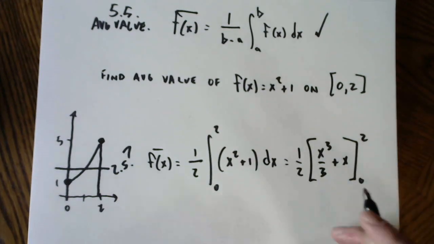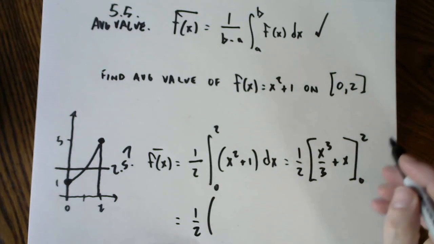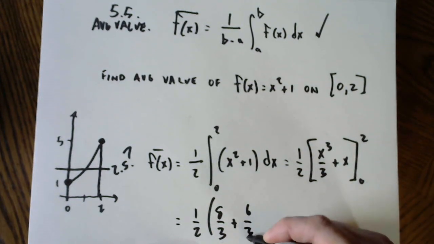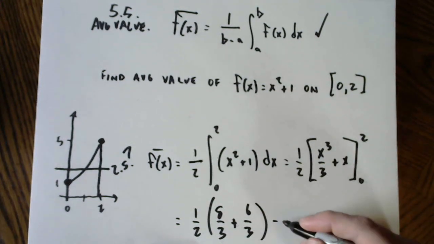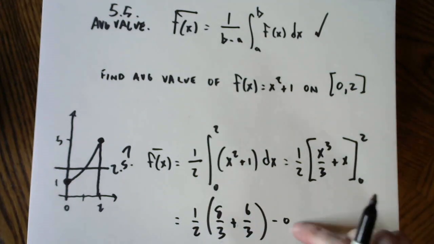So I'm going to pop the 2 in here. 2 cubed is 8. I got 8 thirds plus 2, which is 6 thirds. And of course, substituting 0 in is 0. I'll just put it there as a reminder. So if I want to go back and look at my work, I know I did it.